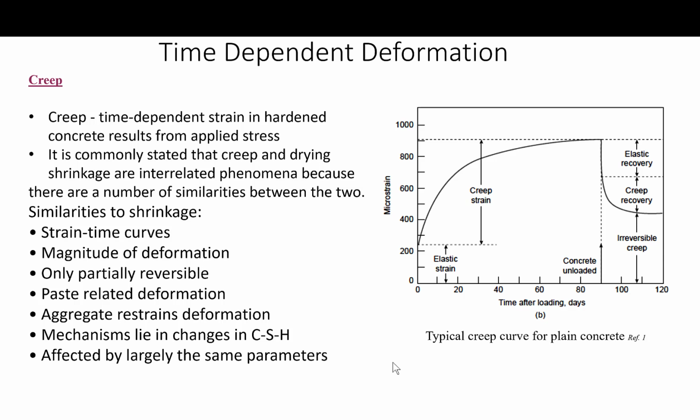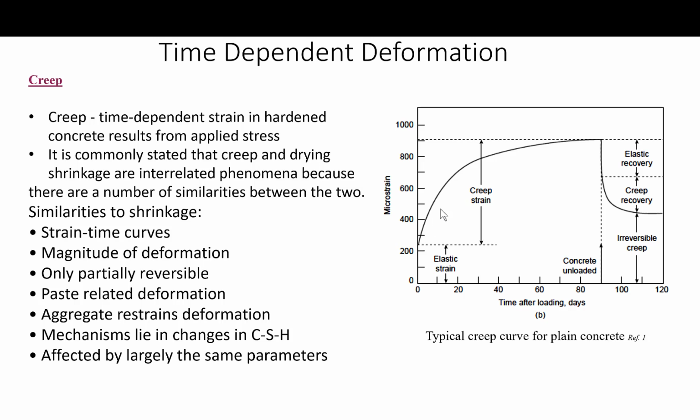This quick recovery is then followed by a continuous decrease in strain, known as creep recovery. That is part of the total creep strain suffered by the concrete, as can be seen on this graph right here. So this is the elastic strain, this is the creep strain.